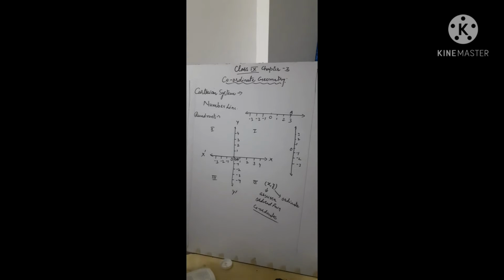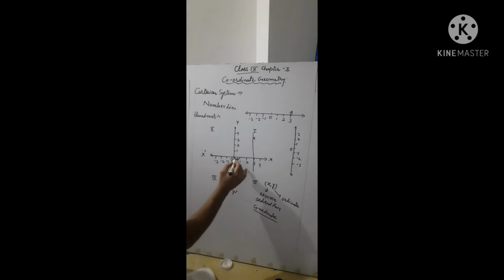So how do we find the coordinates of a given point? Suppose that this is a point for which we have to find coordinates. For it, we will draw a perpendicular from this point on the x-axis.